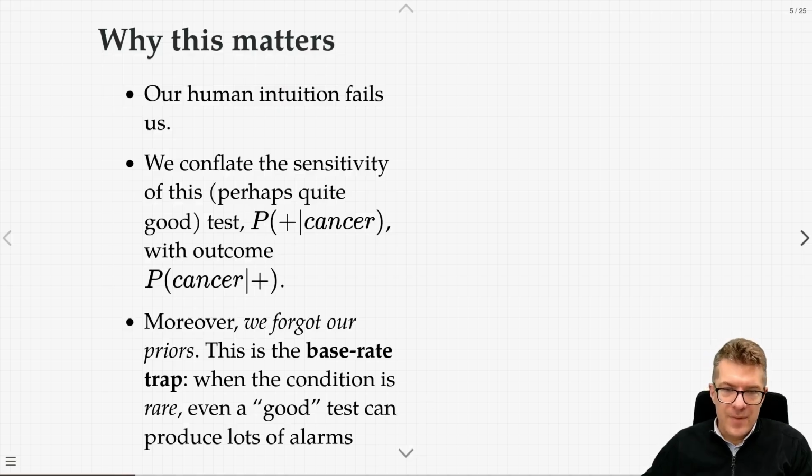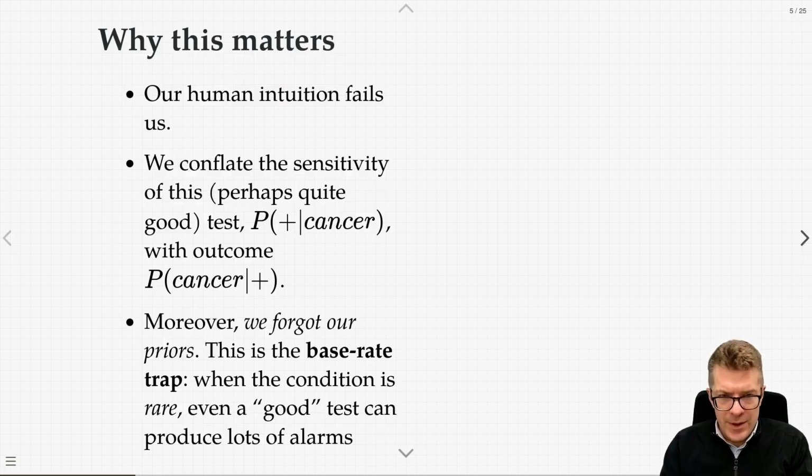So the problem is that we've let our human intuition, the way human minds conceive of statistics, fail us. And we've allowed it to fail us in a few different ways, maybe more than two, but I want to highlight two of them right now. The first thing is that we conflated the idea of sensitivity, this particularly good test, with an outcome.